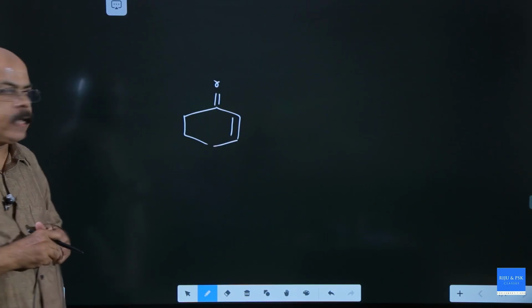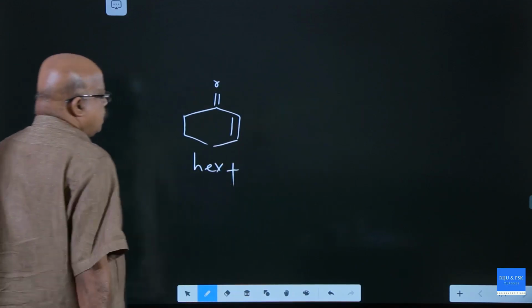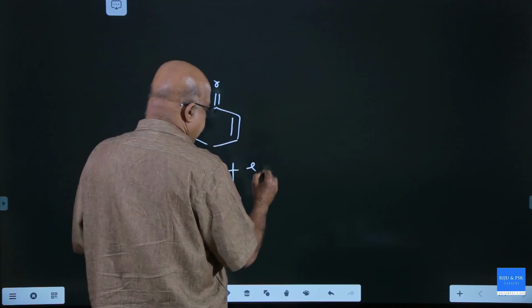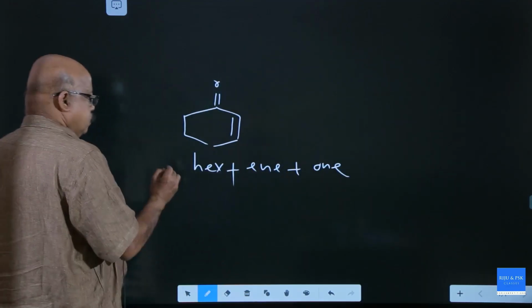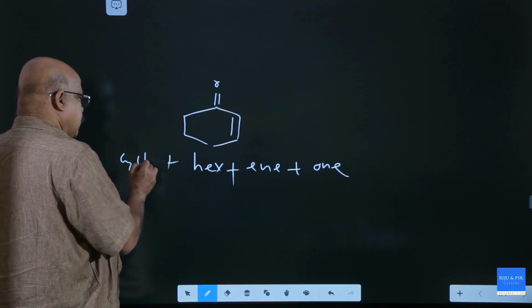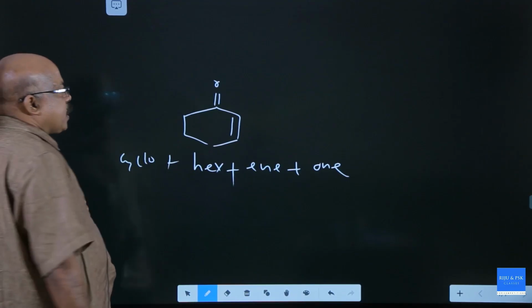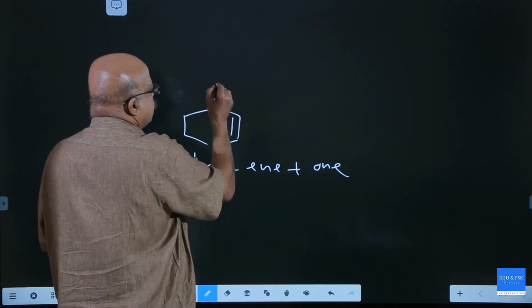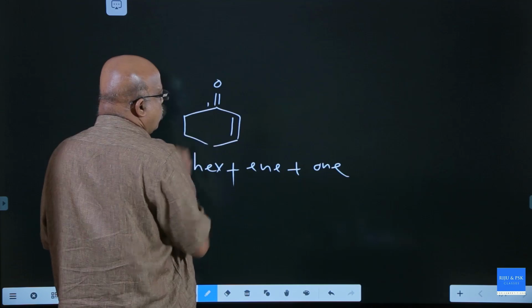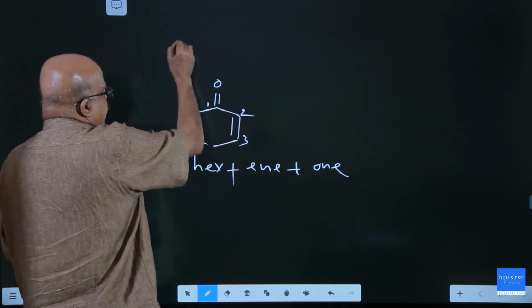Here is a 6-membered ring, hexa, there is a double bond, ene, and one, with a cyclic structure. The carbon atom of the keto group gets the lowest number, 1, 2, 3.